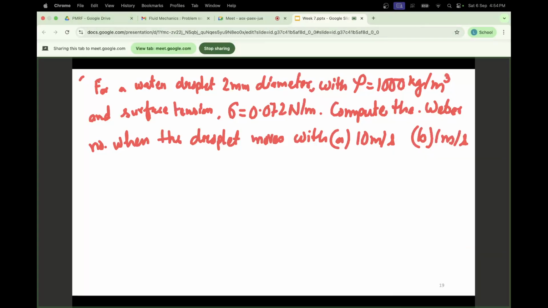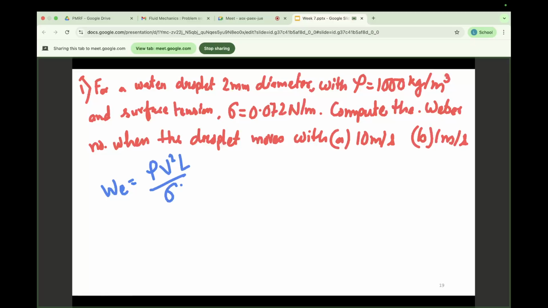So this is one question. Just for your hint, using this formula you can solve: rho v square L by sigma, right? That is a fundamental question. Put in the values and you can easily find it, so no need to waste time on this one.